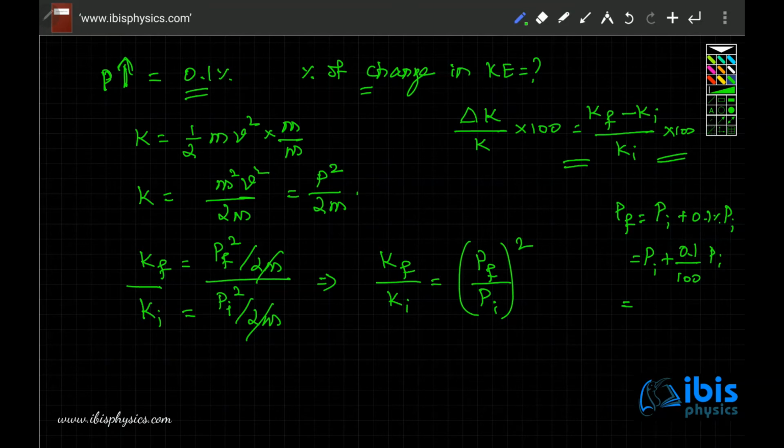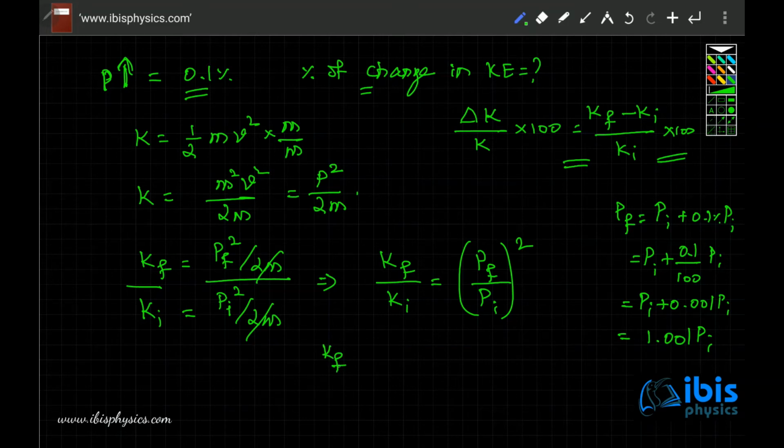So that means P initial plus 0.001 P initial. That means 1.001 P initial. This is the final momentum.